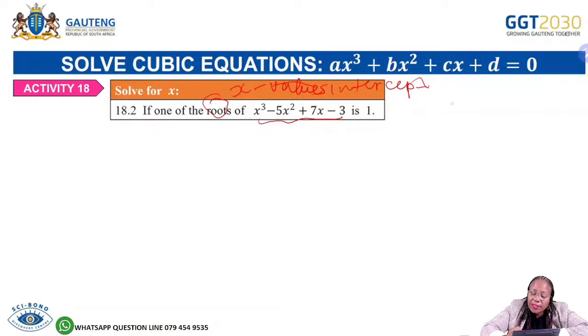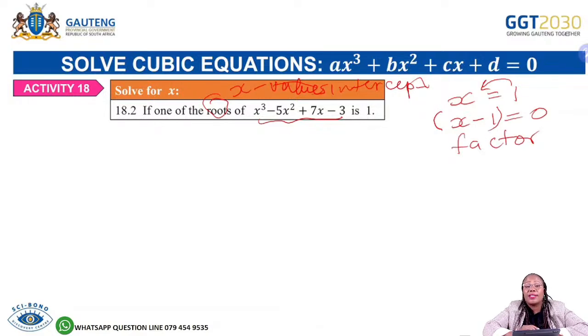So now if they say x is equal to 1, if you take this 1 to this side, you'll have x minus 1 equal to 0. That means this x minus 1 is a factor, because they managed to get the x-intercept using that factor. So grade 12, basically this is another way of giving you one of the factors. There's no need for you to substitute 1, 2, minus 1, minus 2 until you get a factor.